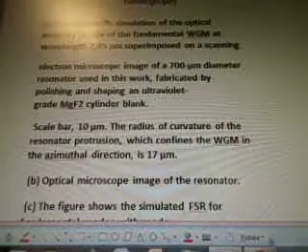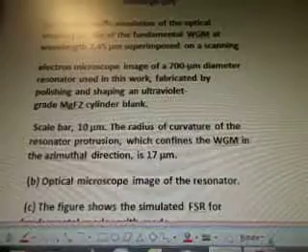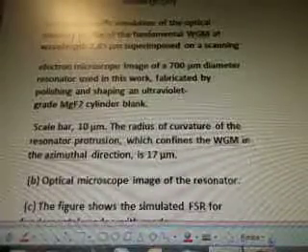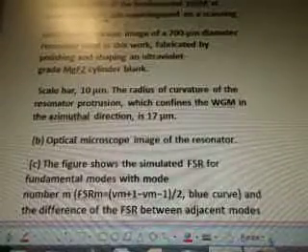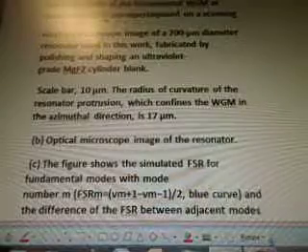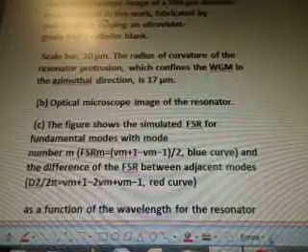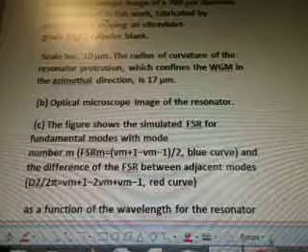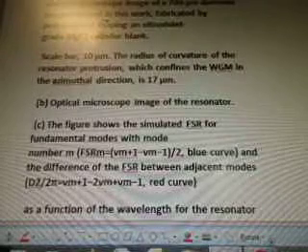Absolutely no idea what that is. So the scale bar of 10 micrometers, the radius of curvature of the resonator protrusion, which confines the WGM in the azimuthal direction, is 17 micrometers. I don't know if that's how you say azimuthal, but I'm just guessing.